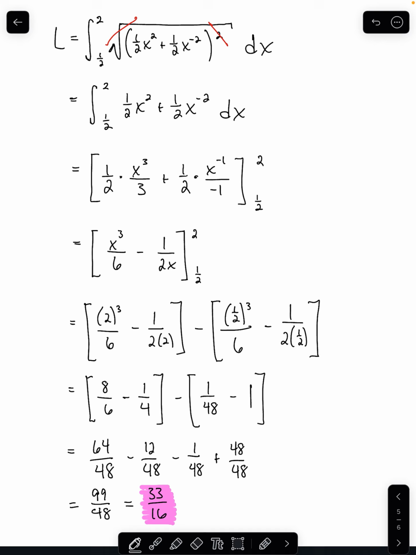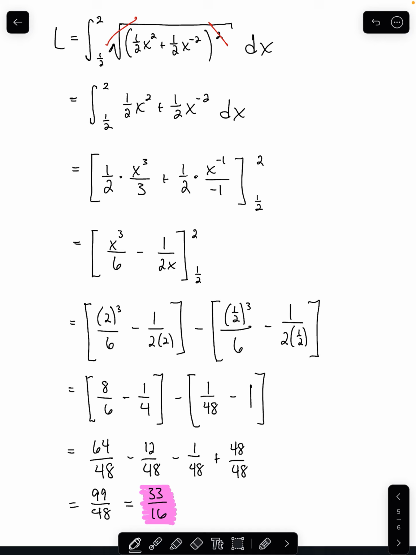Now, there are some cases where we may have to write the function in terms of y rather than in terms of x. We saw this with area between curves, where there were times it resulted in a simpler integrand by defining the functions in terms of y rather than x.